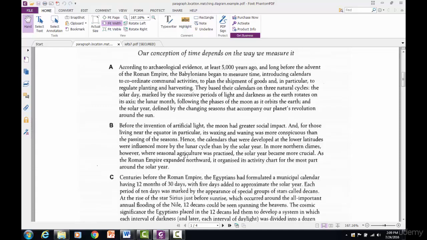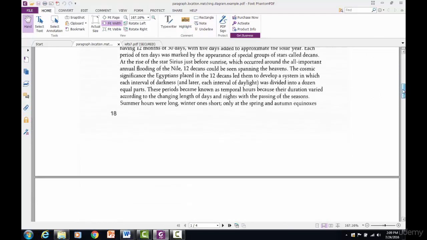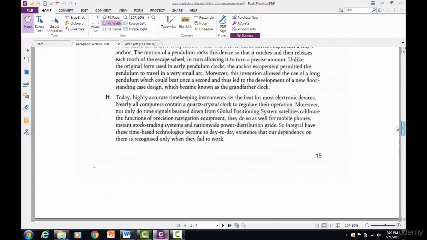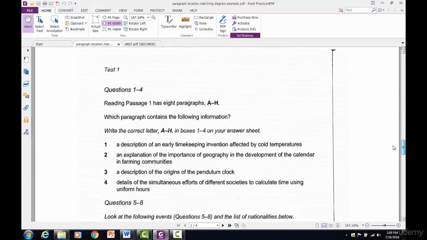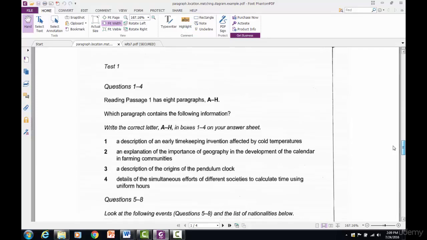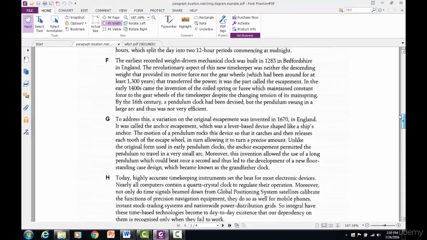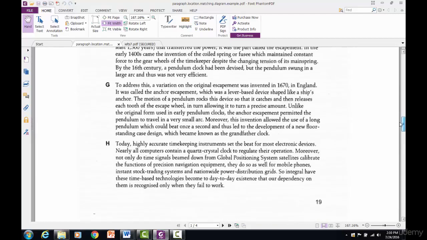And here we're talking about agriculture, which is farming. Okay, so paragraph B is the answer for number 2. So our correct answers, again, number 1 was D, number 2 was paragraph B, number 3 was paragraph F, and number 4 is paragraph E.